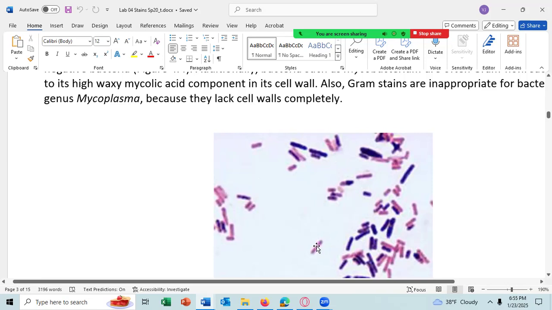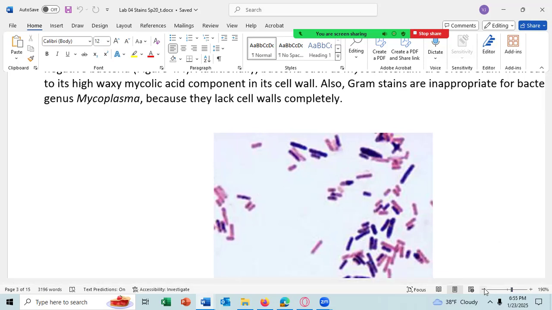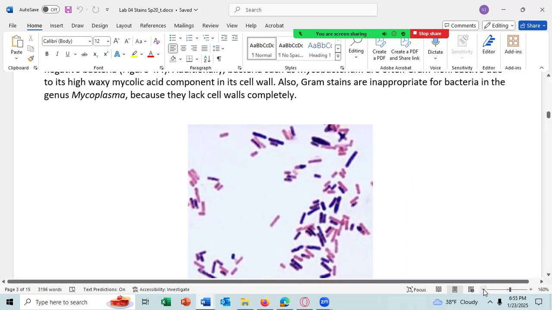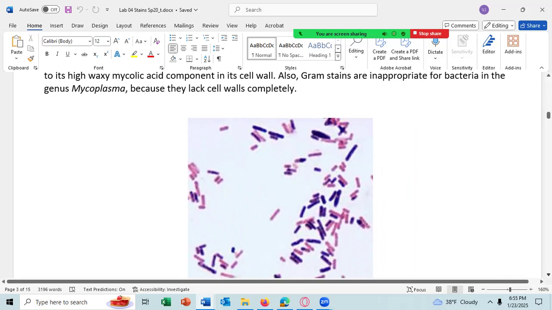Meaning in this slide preparation, we have a lot of dead cells. And as you can see, the dead cells are staining differently than the viable living cells. So this organism would be considered gram positive because the living cells are still purple, and if it's purple, it's gram positive.